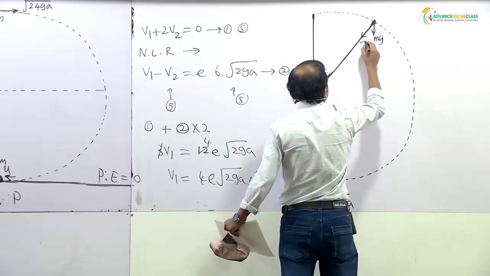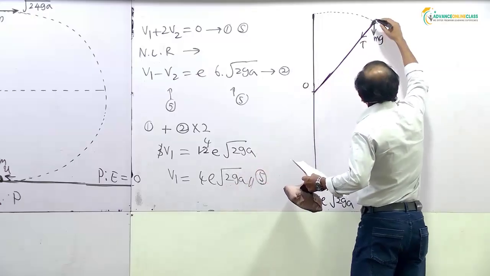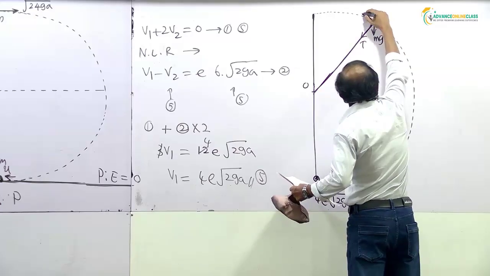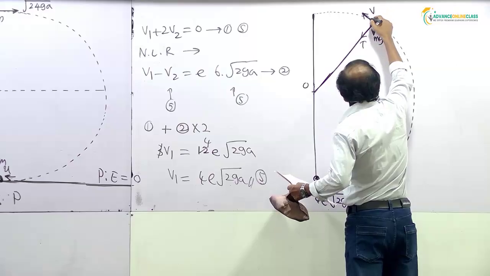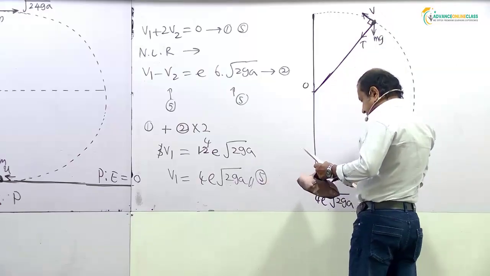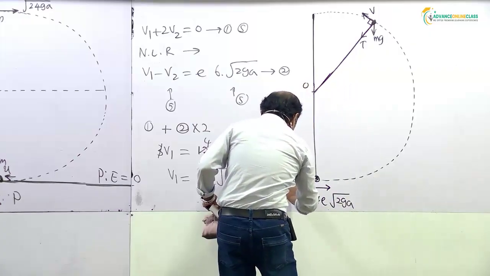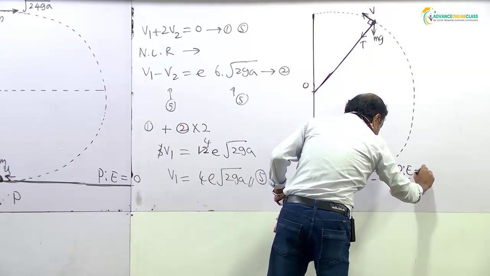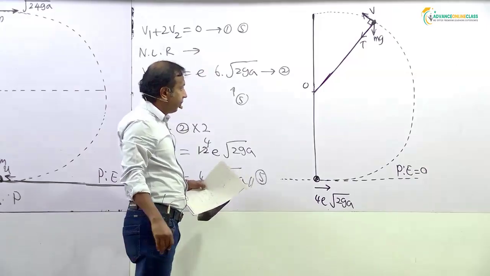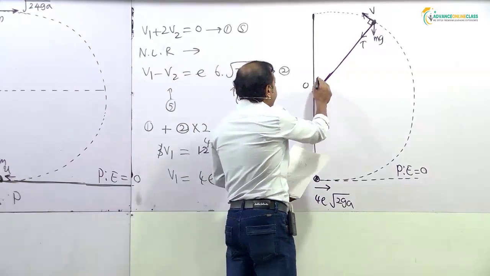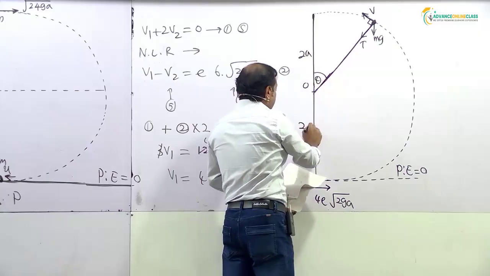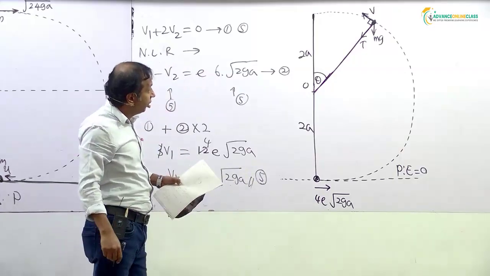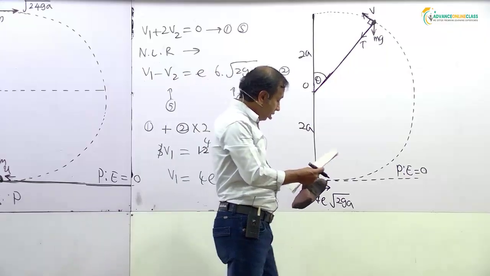Weight mg, tension T. Let us take the velocity here as V. We'll take the potential energy zero level here. So this angle is given as theta. Here 2a, this is 2a. We'll find V because we need this velocity V to apply F equals ma towards the center to find the tension T.